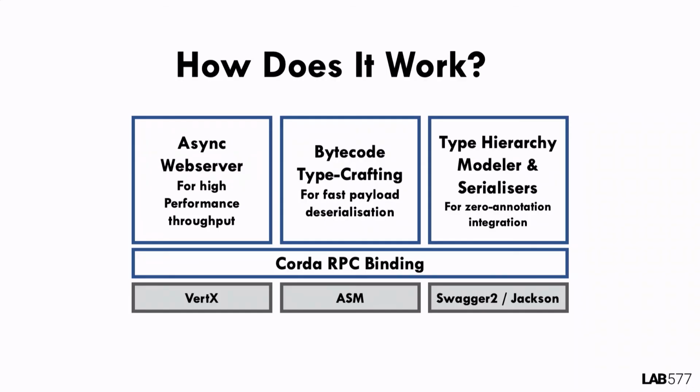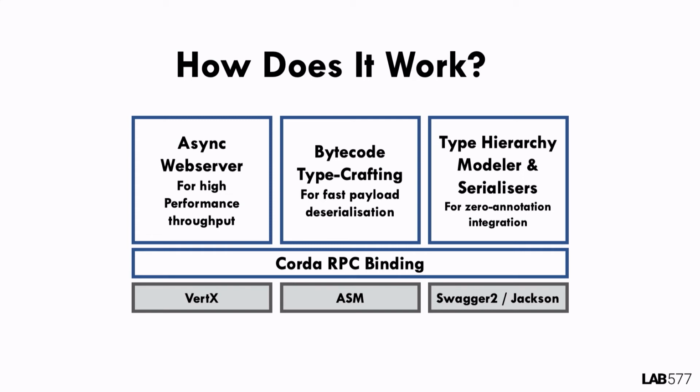All good? So how does it work? There's a lot that goes inside this to make it work really well. There's a lot of ways of doing it which is really hacky and won't work very well. What we've done is introduced, we've taken Swagger 2, Jackson of course, and we've introduced a specialized type hierarchy modeler, which examines the type hierarchy, constructs that hierarchy in a way that is exportable into Swagger and into the world of REST.